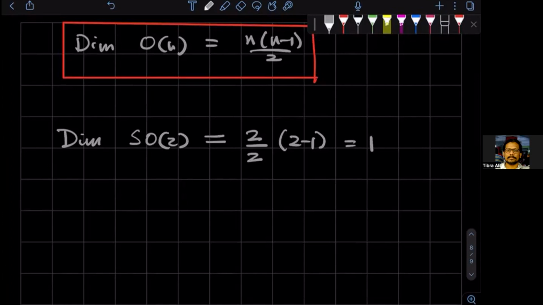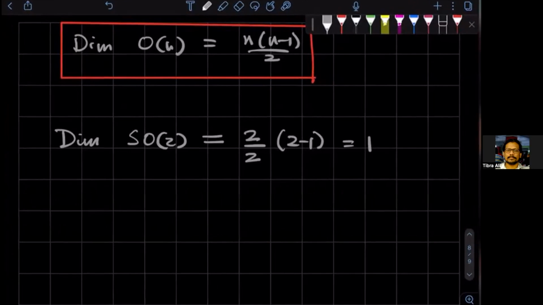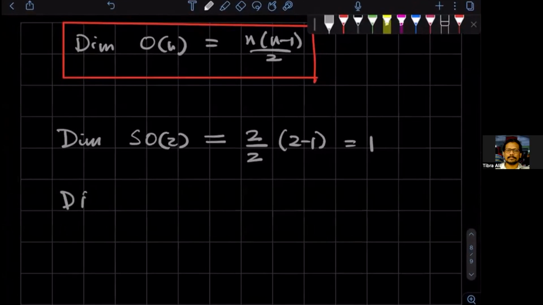So this works. When we go to 3 dimensions, we saw that there are 3 independent rotations: rotations in the 3 independent planes, or rotations around the 3 axes. Let's see if that agrees with this formula.